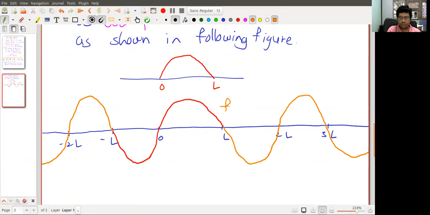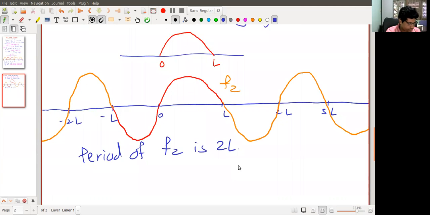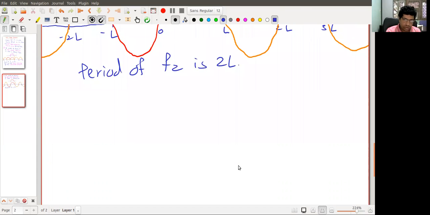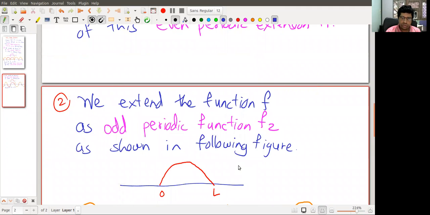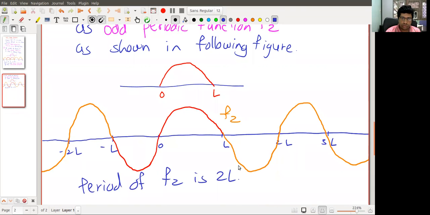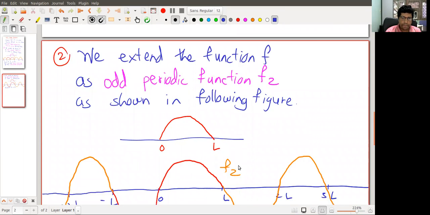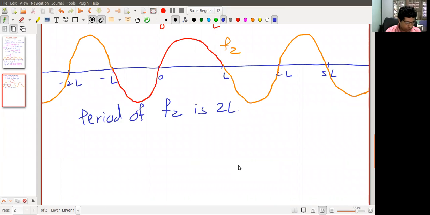This is f2. This is also periodic function of period 2L. Period of f2 is 2L, and this is odd function. So we find Fourier sine series.